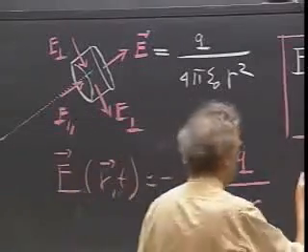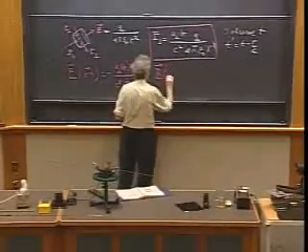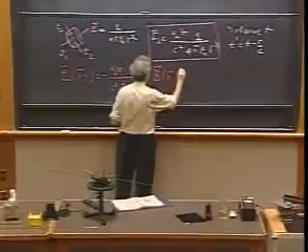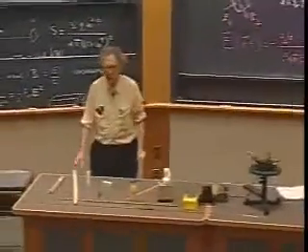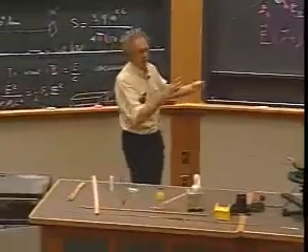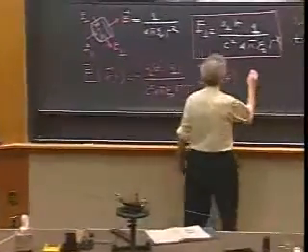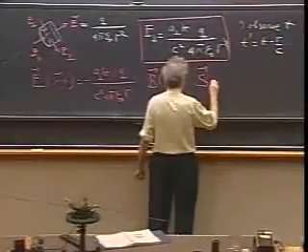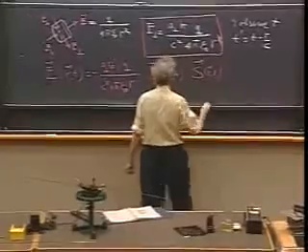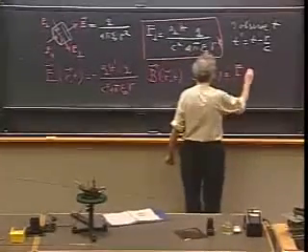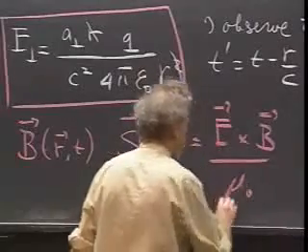You have the privilege to write down for me or for yourself what the associated B field is. It's very easy, of course. The strength of the B field is c times smaller, and you must make sure that E cross B is in the direction of propagation. So I leave you with that. And then we get that the Poynting vector, as a function of r and t, is E cross B divided by mu 0.